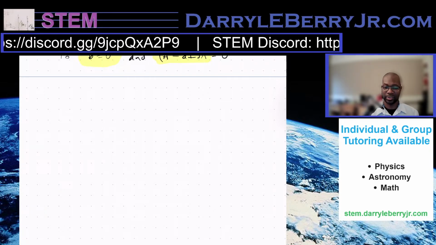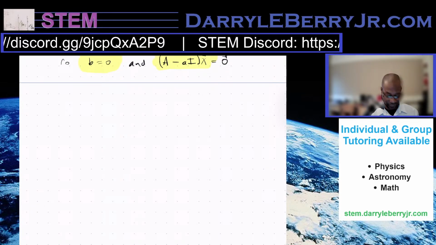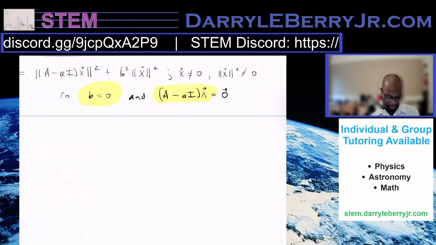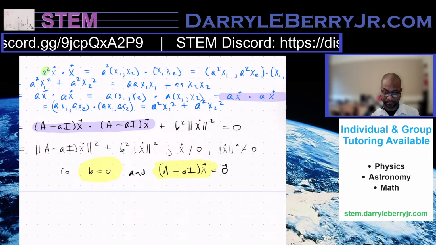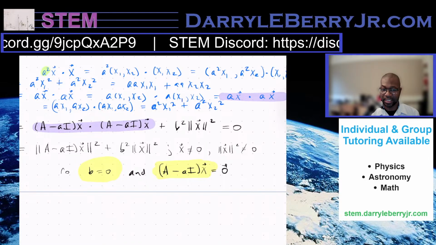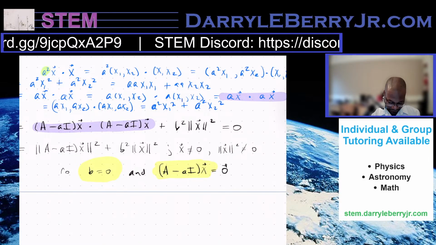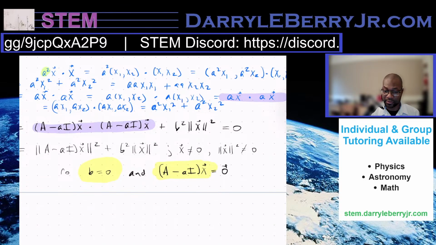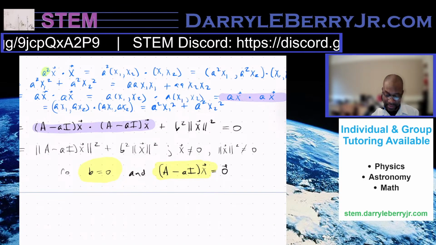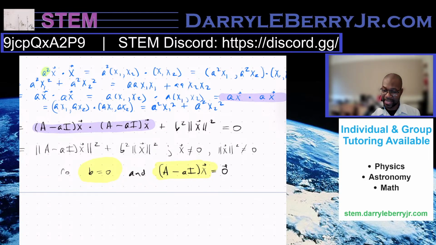Hello, you all back with some more linear algebra, and I'll jump straight into where we left off before. So we're in chapter 6, section 4. We're looking at the spectral theorem, the proof of that. We just finished confirming that b has to equal 0 and (A minus aI)x equals 0.